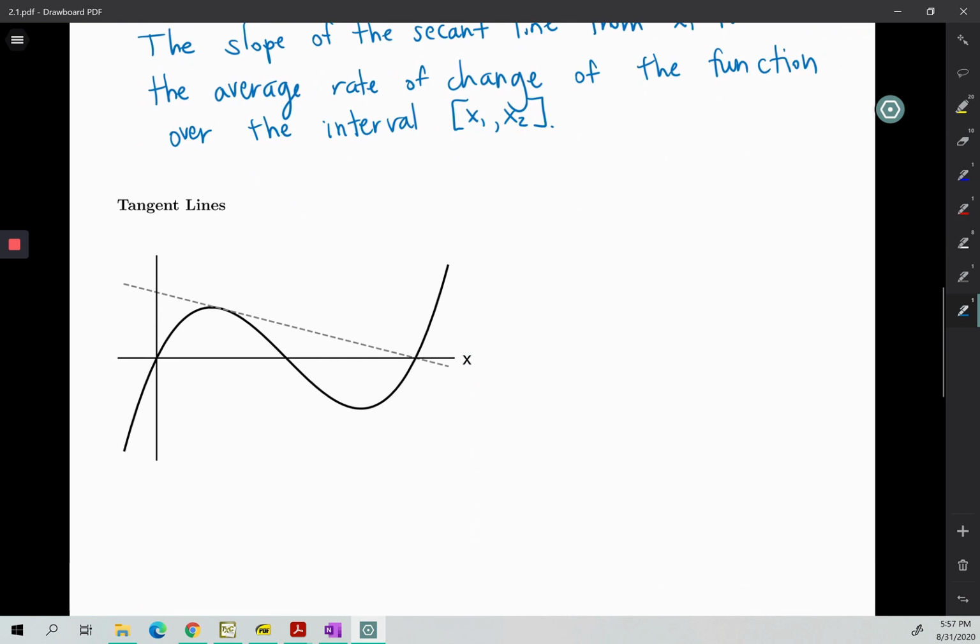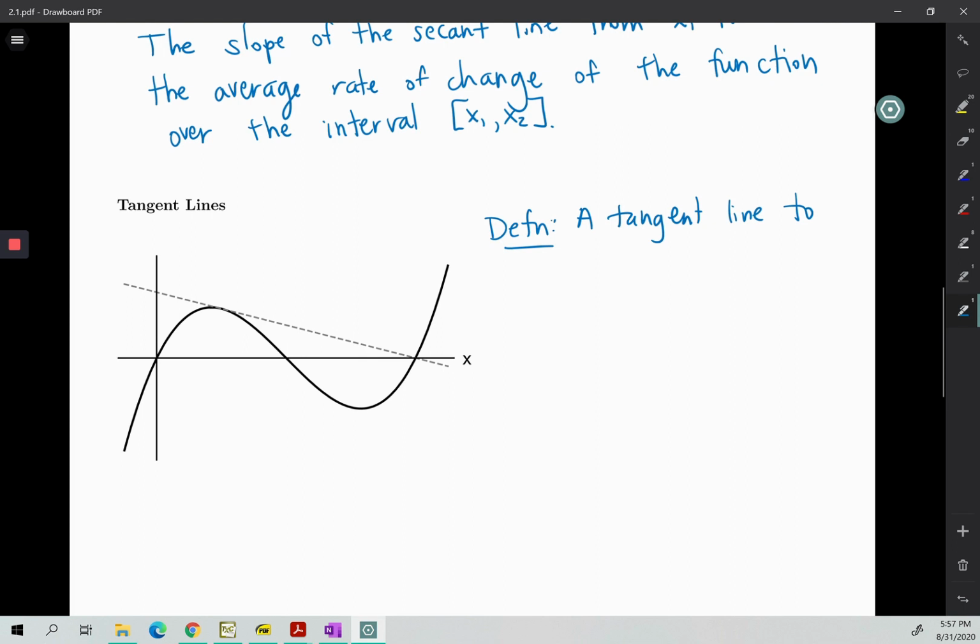Now in the same vein, we have something called a tangent line, and tangent lines correspond to the instantaneous rate of change. We don't have a formula for this yet, but we know what the idea behind an instantaneous rate of change would be. So what is a tangent line? It has to occur at a point, just like instantaneous rate of change.